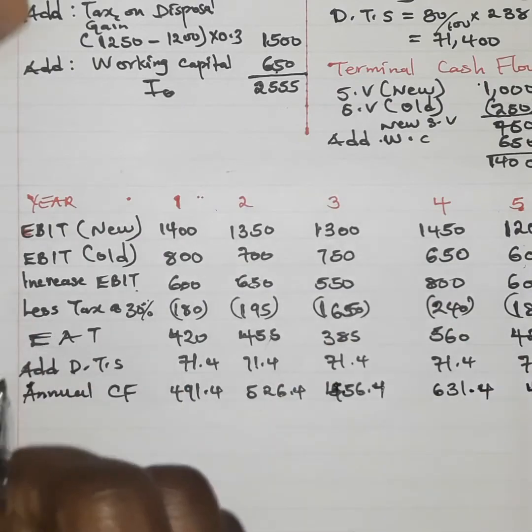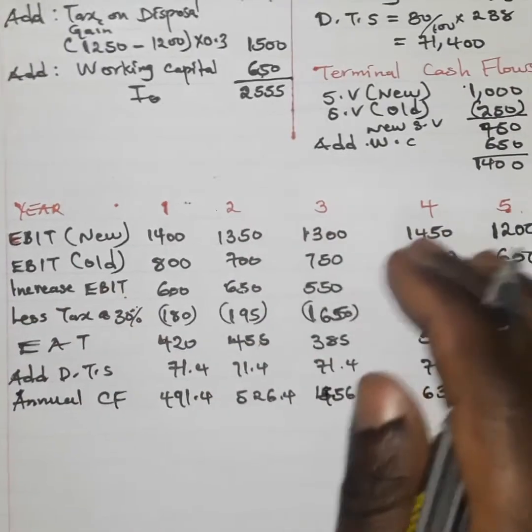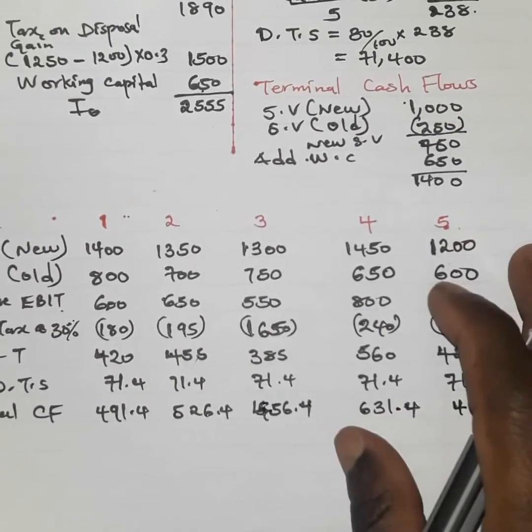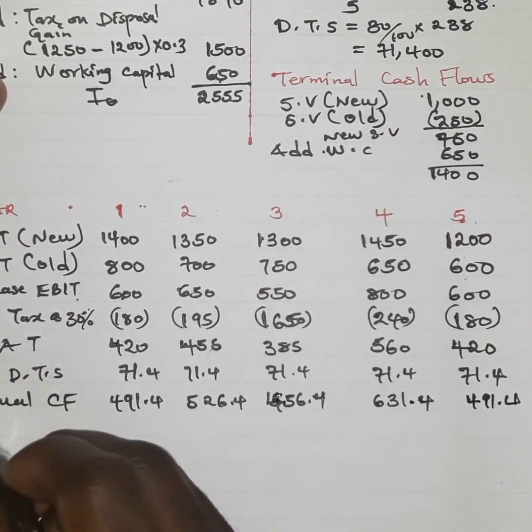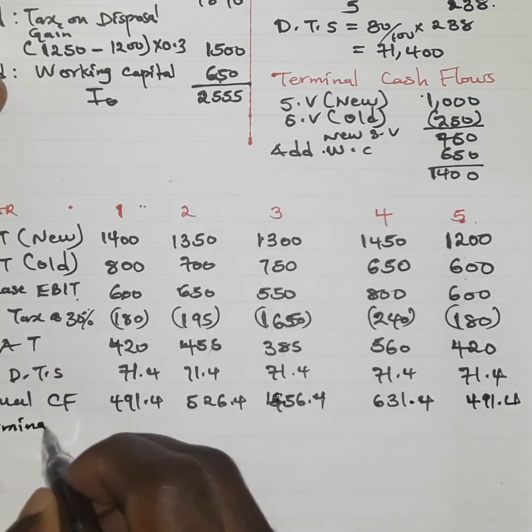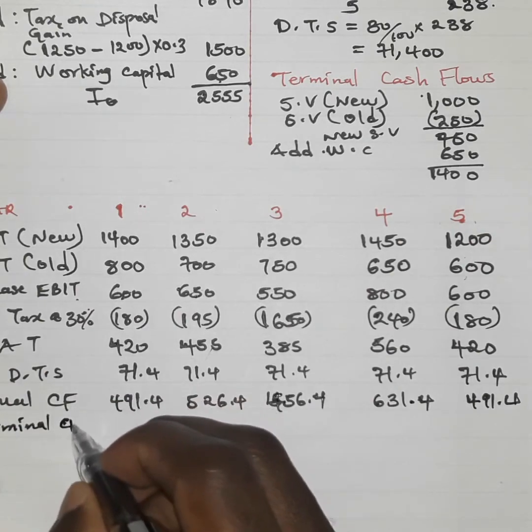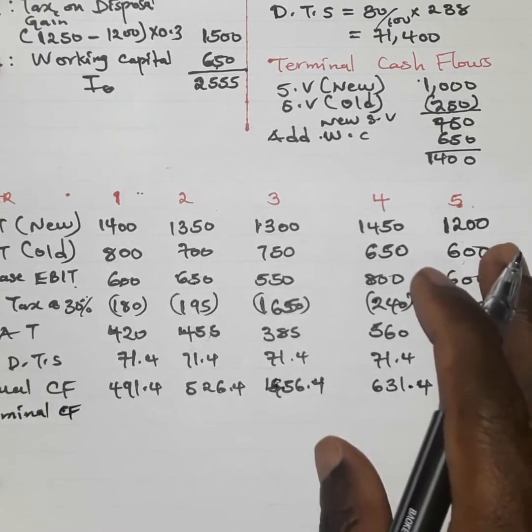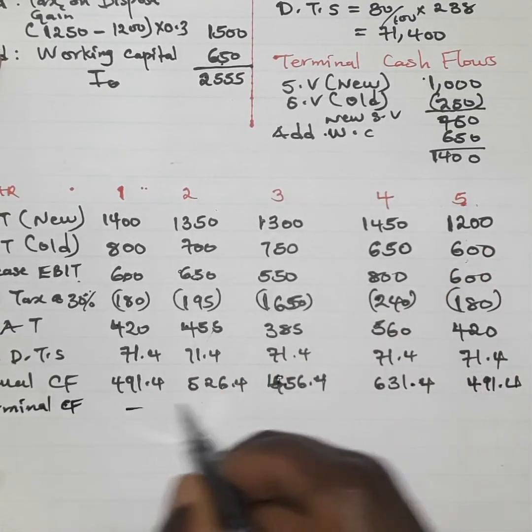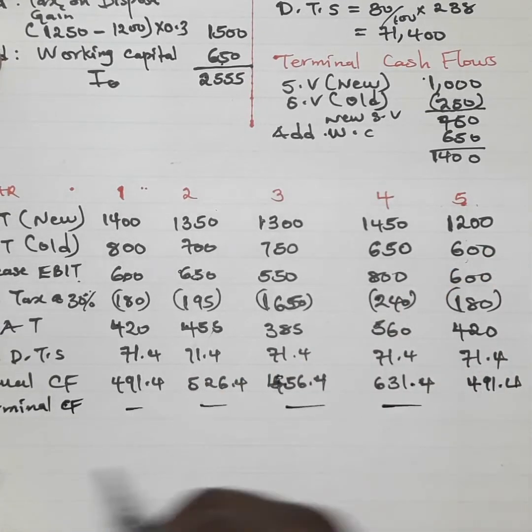Then after that, remember there's an element of what is known as the terminal cash flow. Now, terminal cash flow is essentially forming part of the last year. It is being recouped back. So it means for these years there is no terminal cash flow.